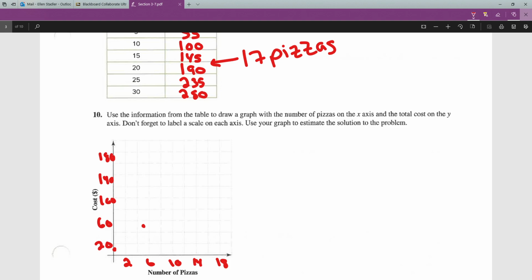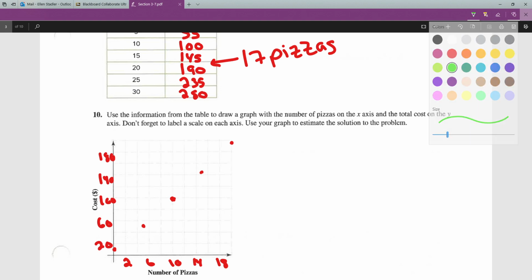So 10 is going to be right on here. 15 is 145. So about there. 20 is 190. That's probably about as far as we can go. Go ahead and connect those, or again, you can use your calculator to graph them.